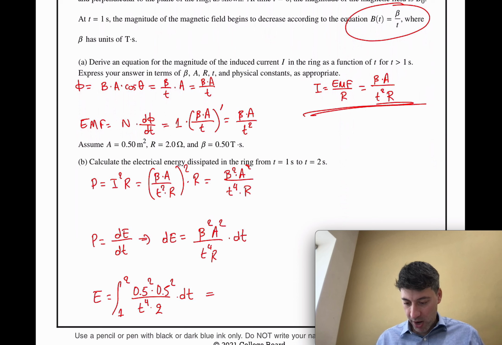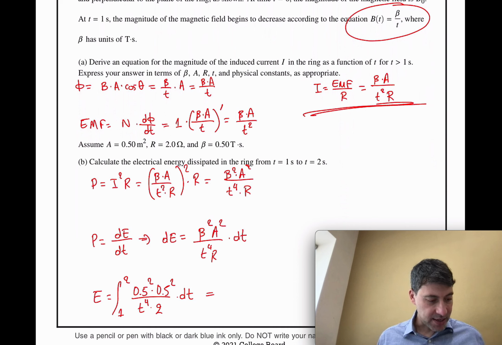Integral from 1 to 2, 0.5 to the power of 4, all of it divided by x to the power of 4, and then multiplied by 2. This will take a little bit of time. We'll see it in 1 minute.